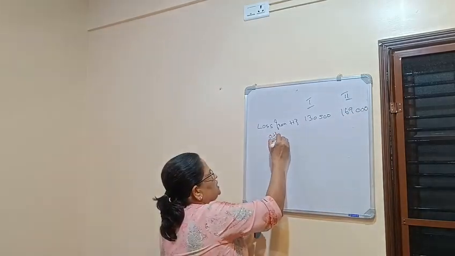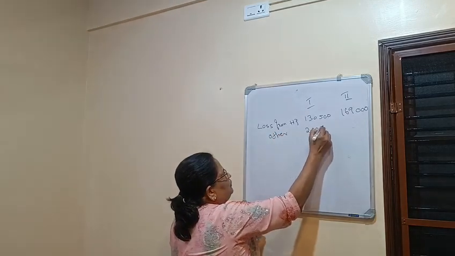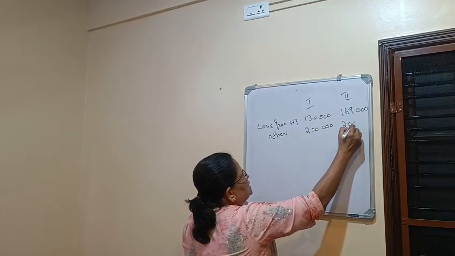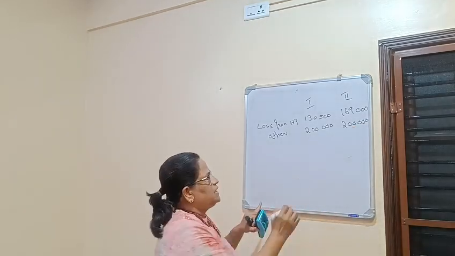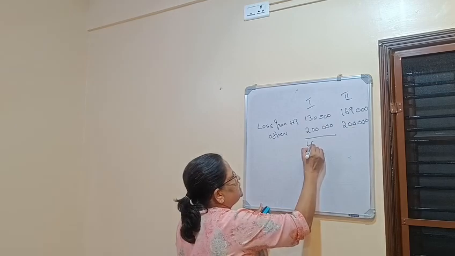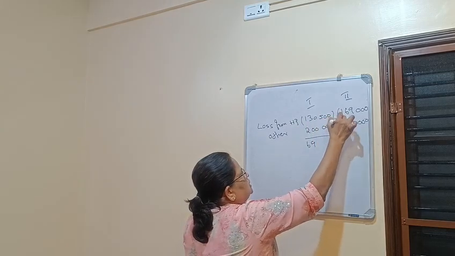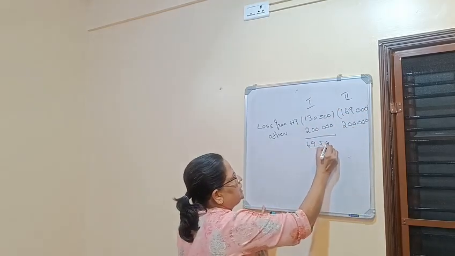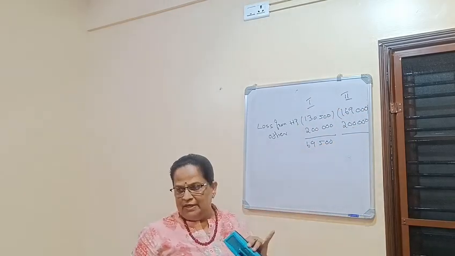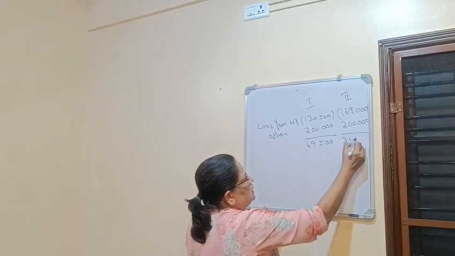Income from other sources 2 lakhs. So gross total income or taxable income, this is loss. This is also loss. So here it is 69,500 and here taxable income is 31,000.